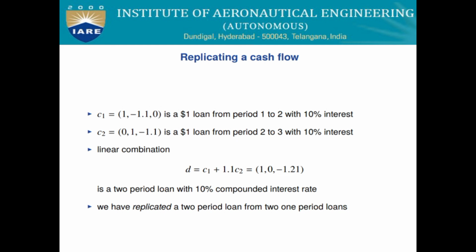Linear combination d is equal to c1 plus 1.1 times c2, which is equal to (1, 0, minus 1.21), a two-period loan with 10% compound interest. We have replicated a two-period loan from two one-period loans.